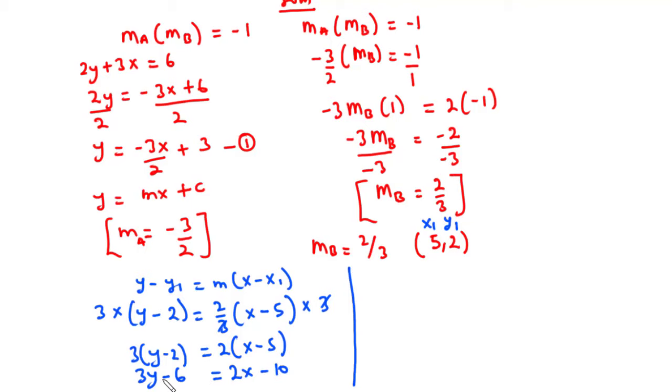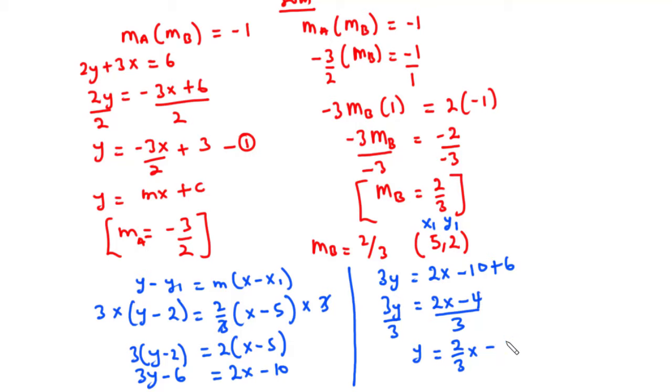Now let's transpose negative 6 to the right hand side. So we get 3y equals 2x minus 10 plus 6. 3y equals 2x, negative 10 plus 6 is negative 4. And then we divide through by 3, so that we have y equals 2 over 3x minus 4 over 3.